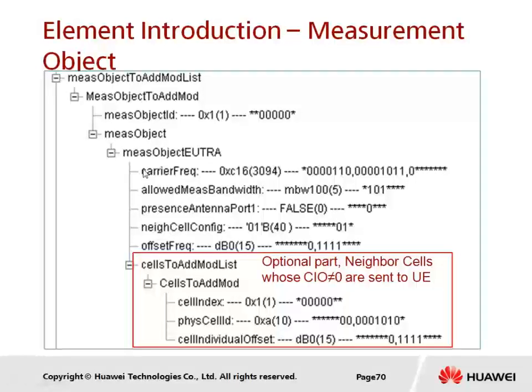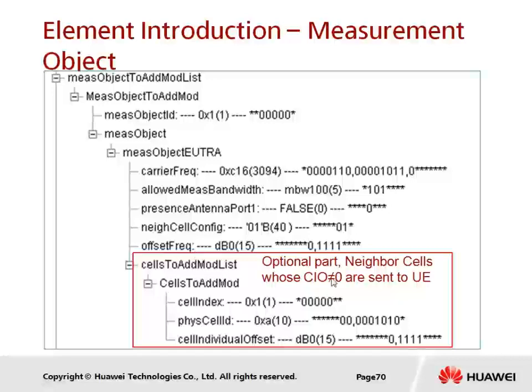It carries the EARFCN of the particular frequency with the measurement bandwidth, whether the neighbors all carry one antenna port or two, the neighbor cell configuration, whether they have the same configuration or not, the frequency offset, and the list of the neighbor cells that have been set with higher measurement priority.